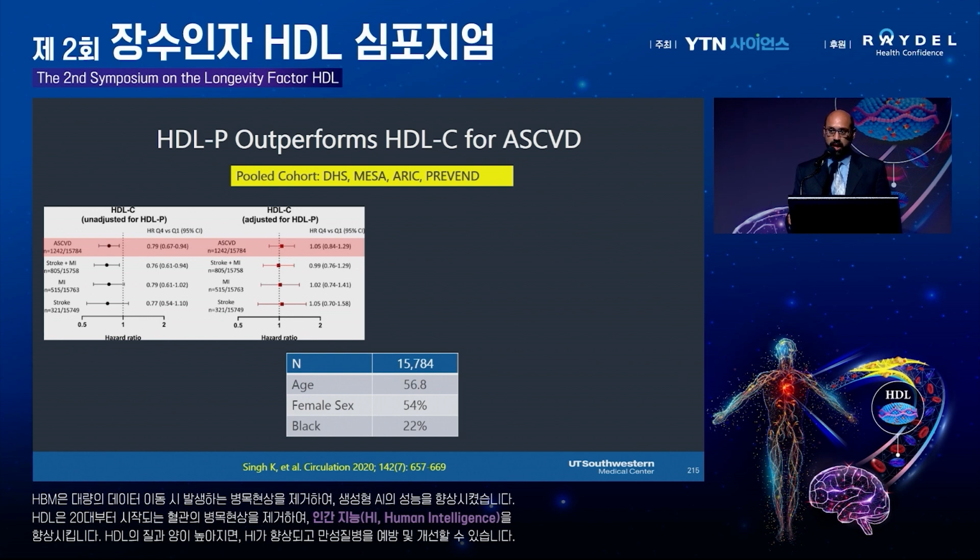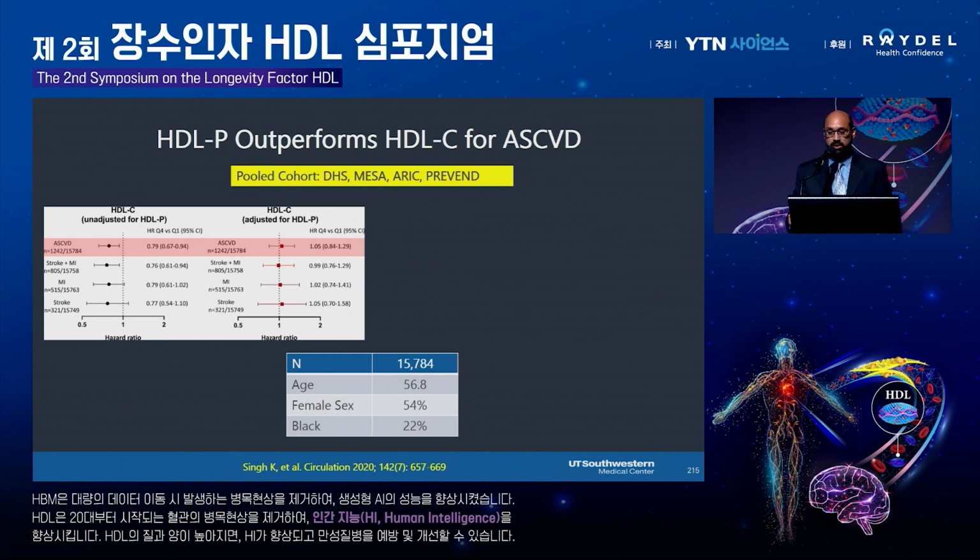And in the forest plots on the left, you can see the hazard ratio for the top versus bottom quartile of HDL cholesterol for predicting the endpoints listed on the left. So if you just focus on what's highlighted in pink, for ASCVD, that's the risk of heart attacks and strokes. For HDL cholesterol, the top versus bottom category led to about a 21% reduction in risk.